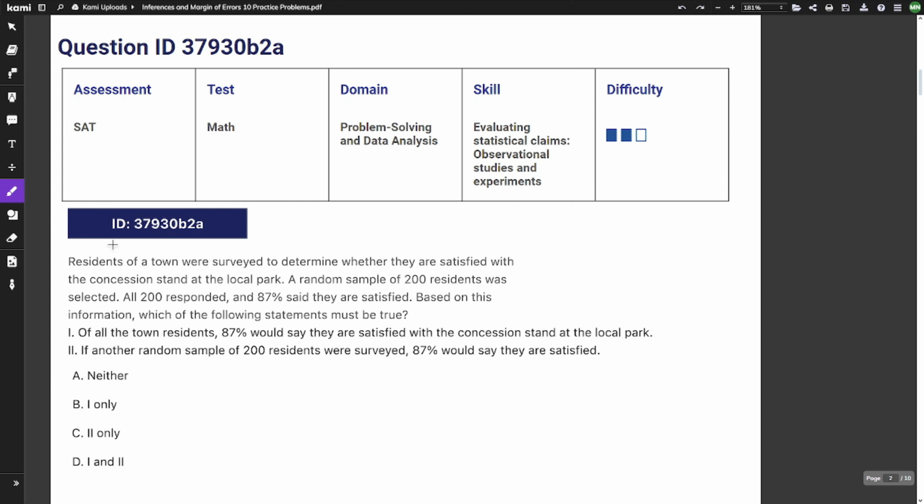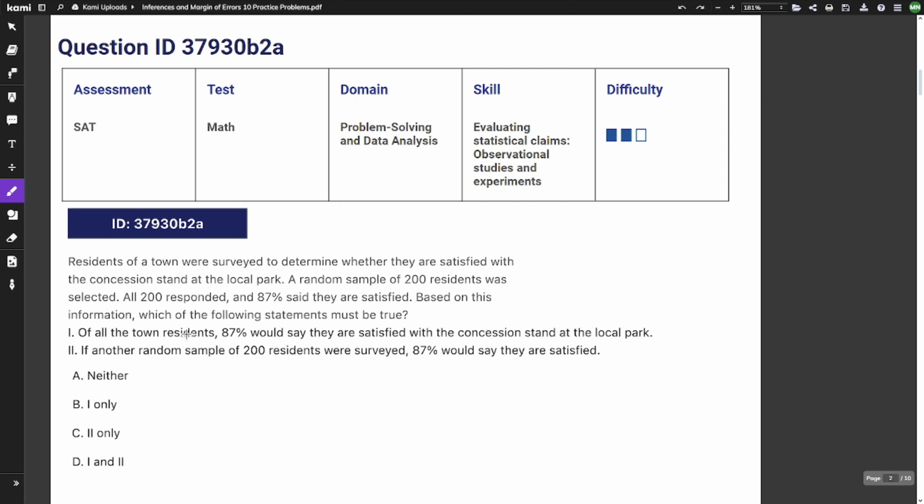Question number 2. Residents of a town were surveyed to determine whether they are satisfied with the concession stand at the local park. A random sample of 200 residents was selected. All 200 responded and 87% said they are satisfied. Based on this information, which of the following statements must be true? 1.